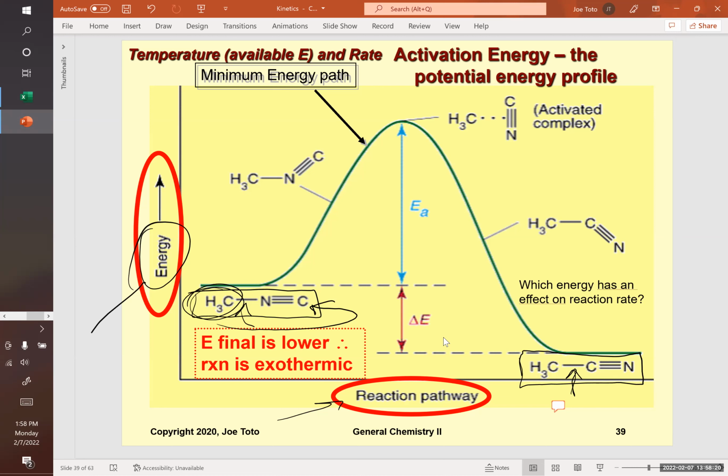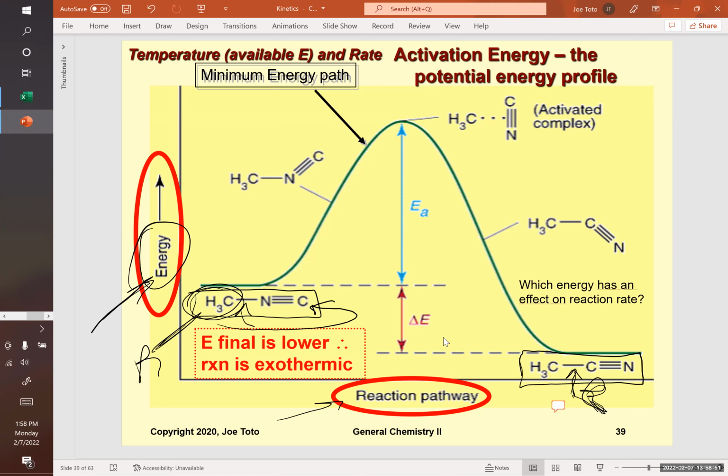And this potential energy surface, as they call it, is a two-dimensional potential energy surface. So the two dimensions are energy and this reaction coordinate as the reaction proceeds from reactants to products.